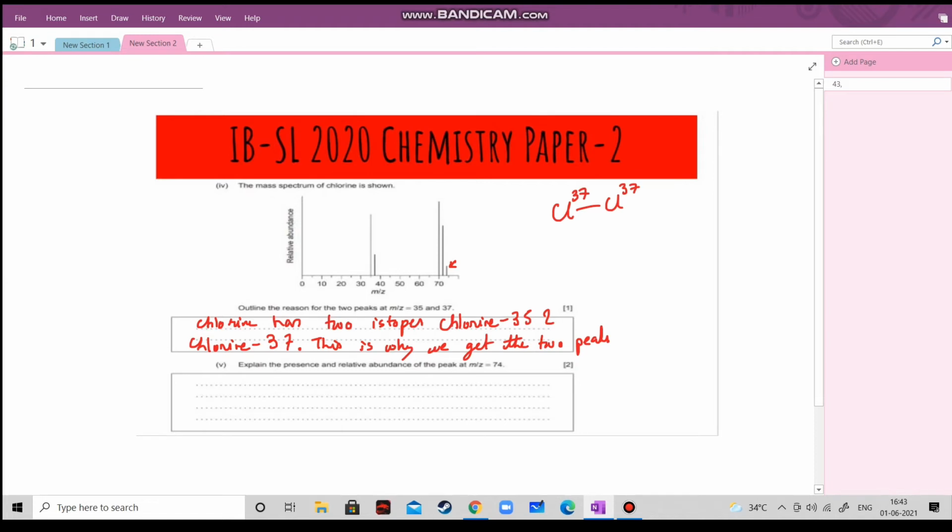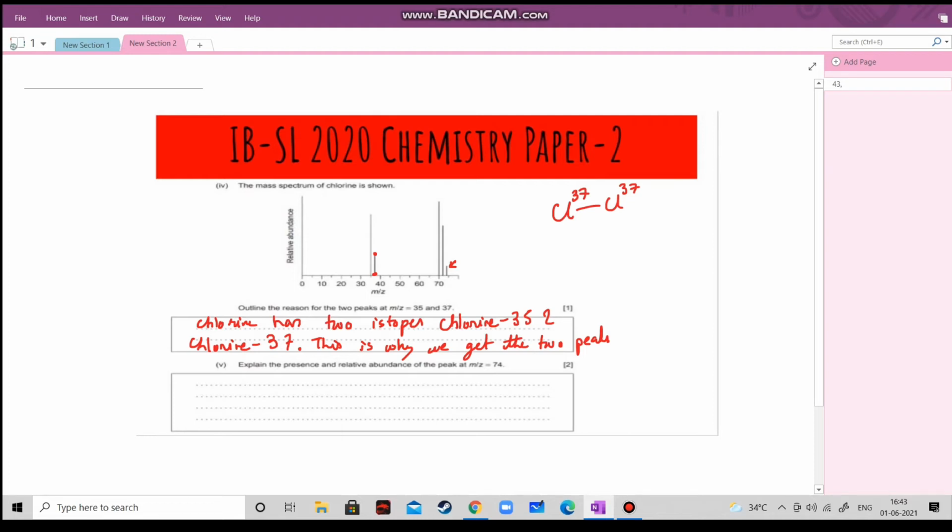This molecule has a total mass of 74. Now, why is its abundance so low? Because the abundance of chlorine-37 is already low, so the probability of two chlorine-37 atoms coming together and forming the chlorine molecule will be very small. That's why its relative abundance is so low.